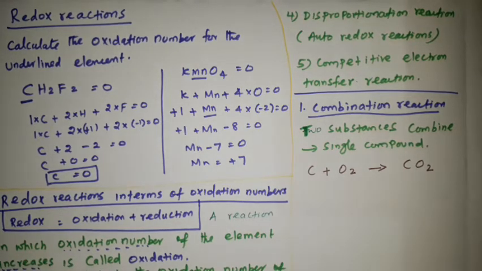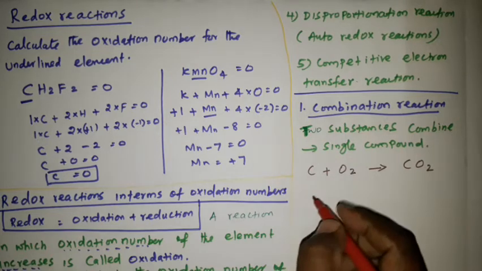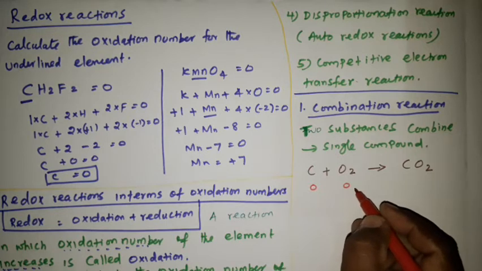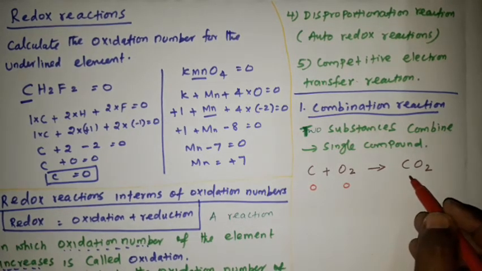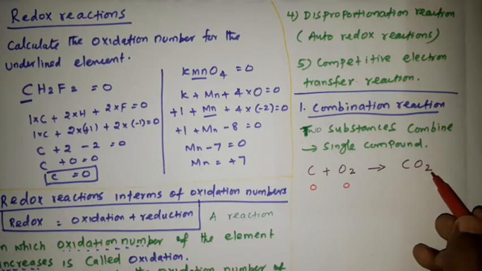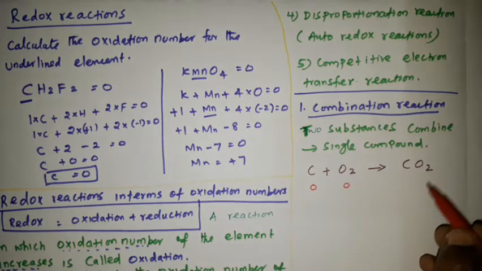For carbon, the oxidation number is 0, and oxygen is also 0. Then here we find out the oxidation number of carbon, because for oxygen we know the oxidation number is -2.